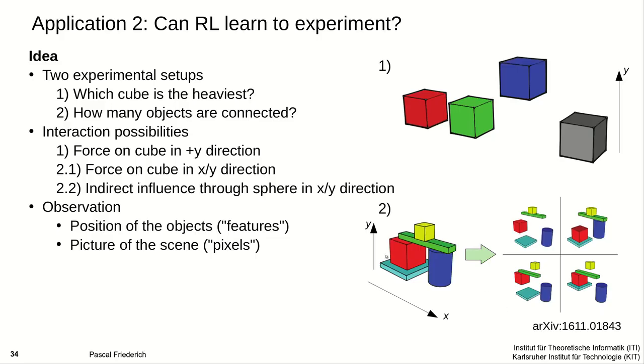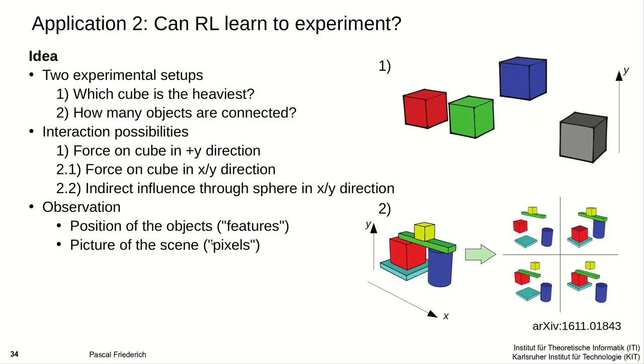So x would be like lateral, y would be vertical here. Or, that's scenario 2.1, or in scenario 2.2, it can indirectly influence by moving a sphere in x or y direction. So there's an additional object here which can bounce into other objects, and then we just indirectly manipulate these objects and observe the result of the actions.